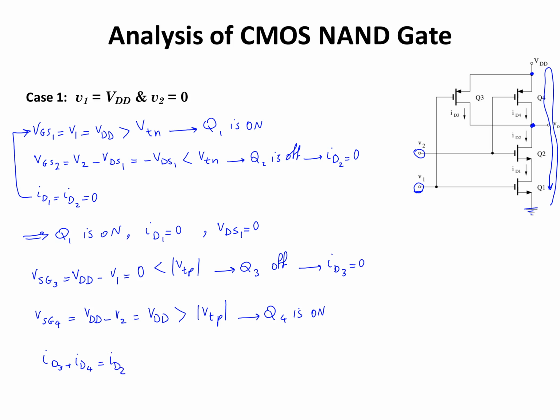Since ID3 and ID2 are equal to 0, ID4 is also going to be equal to 0. So transistor 4 is on with drain current equal to 0. It's in triode mode with VSD of 0 volts.